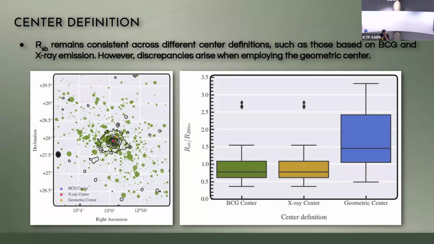And X-rays are excellent to detect the real galaxy clusters because most of the baryons in the clusters are in the form of a hot gas that emits in X-rays.